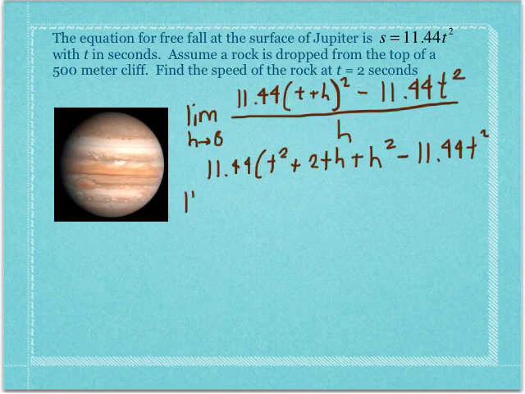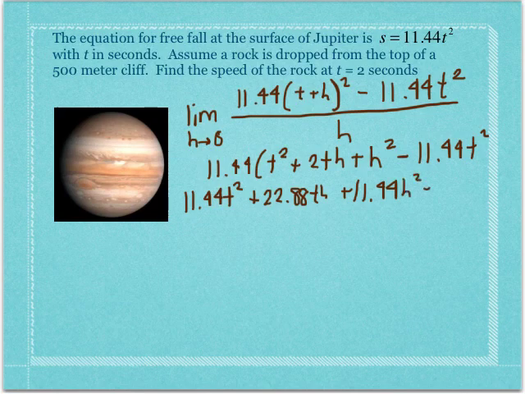I'm going to distribute: 2 times 11.44 looks like it'd be about 22.88 th, plus 11.44 h squared, minus 11.44 t squared.